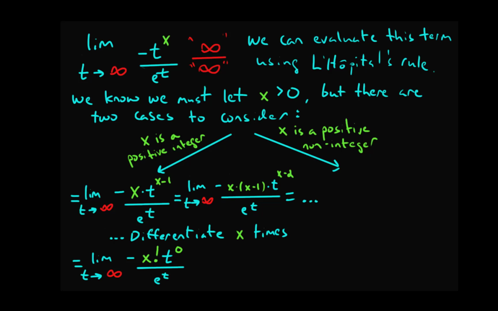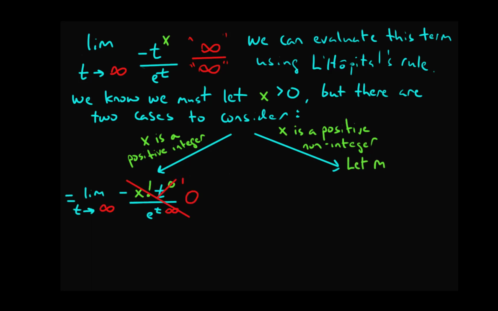And this limit doesn't just equal infinity over infinity. In fact, the negative x factorial is a fixed constant. t to the 0 is always going to just equal 1. And as t is approaching infinity, looking at the denominator, e to the t is going to equal infinity. So we have a fixed finite constant, negative x factorial, times 1, all over something going to infinity, so the entire expression just goes to 0.